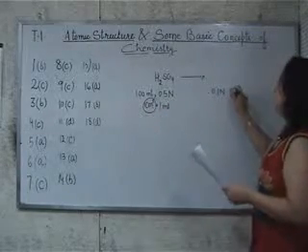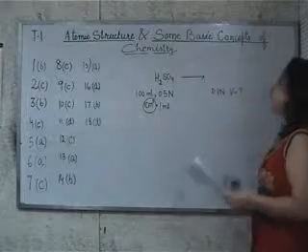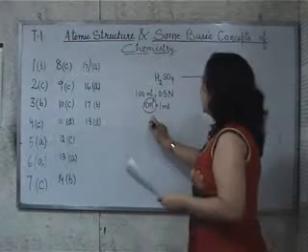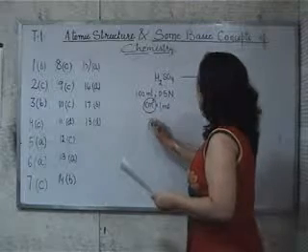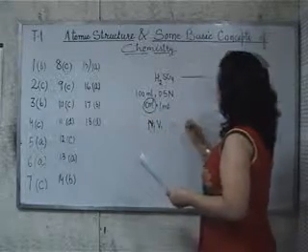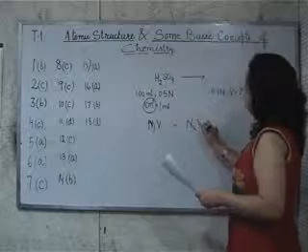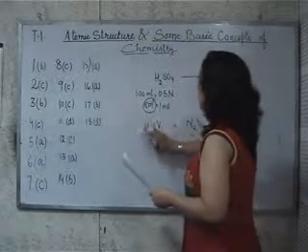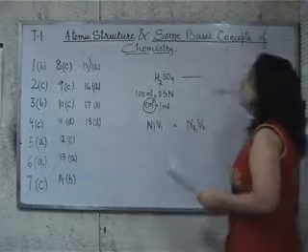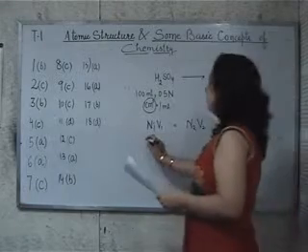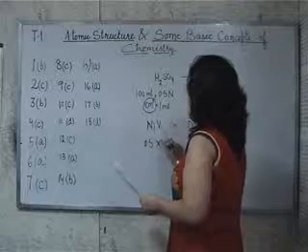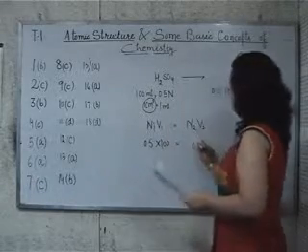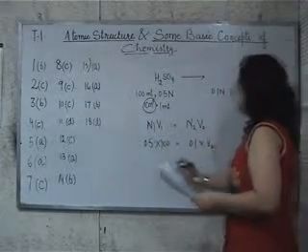This V can be calculated by using the equation of dilution, that is N1 V1 is equal to N2 V2. From this we have 0.5 into 100 is equal to 0.1 into V2.